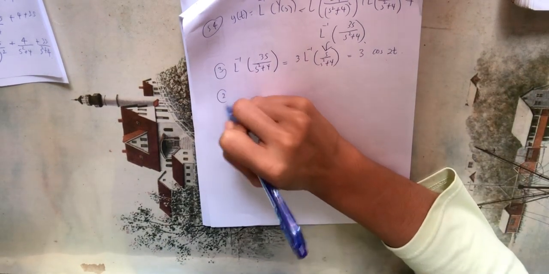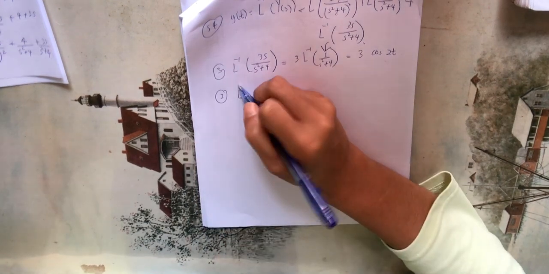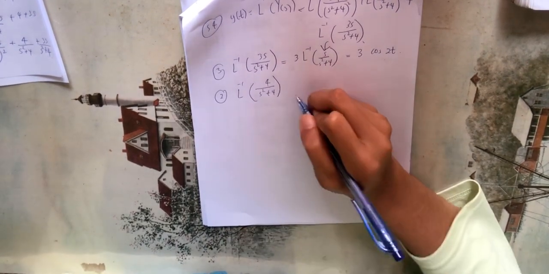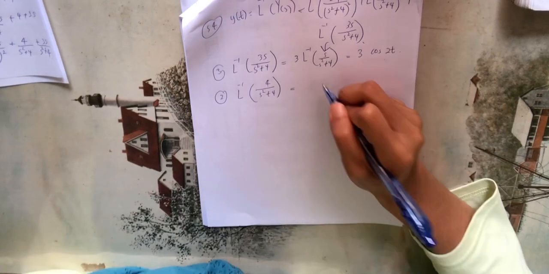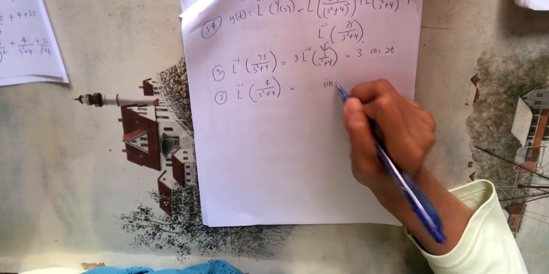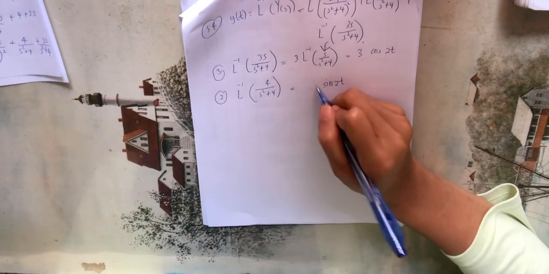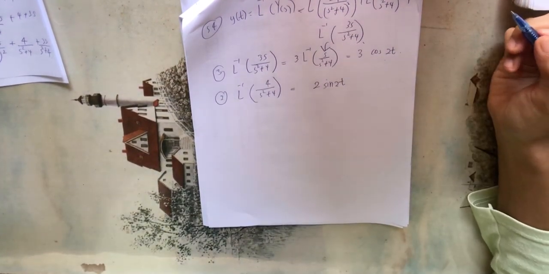For the second term, it is the Laplace transform for 4 over s squared plus 4, and this one is 2 sine 2t.